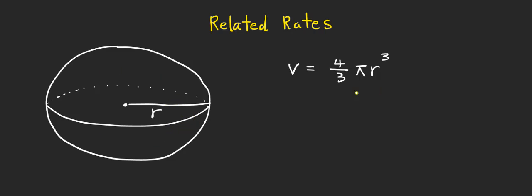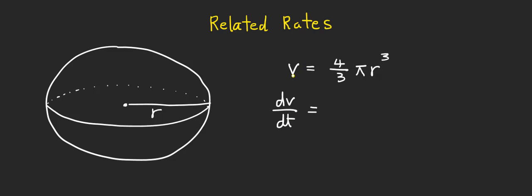If you want to find the rate of change of the volume with respect to time, that's going to be dV over dt. We're taking the derivative with respect to time.